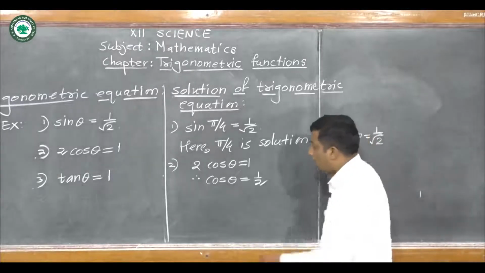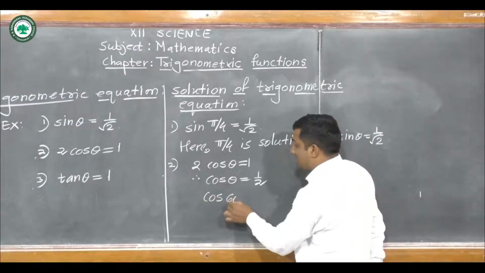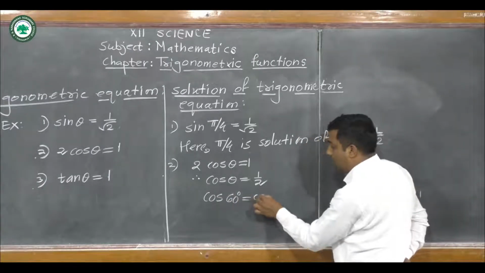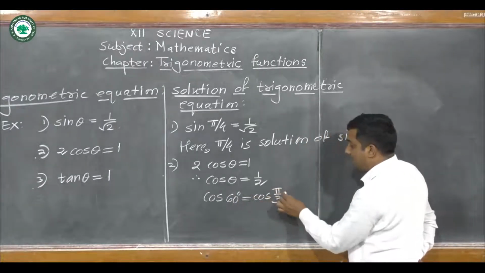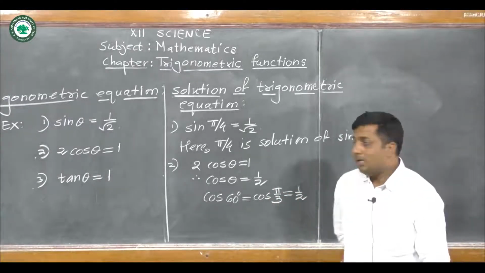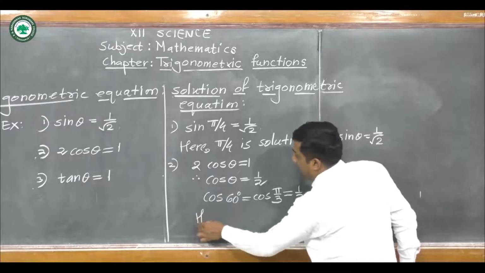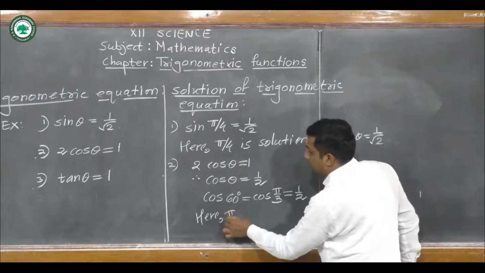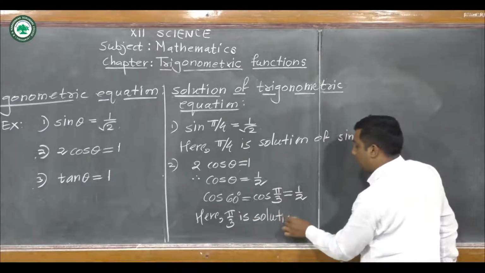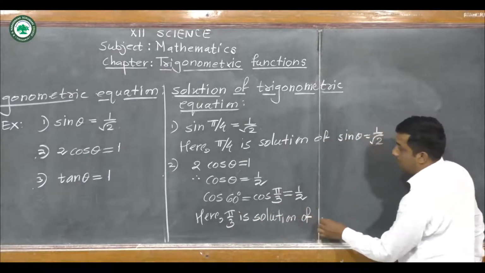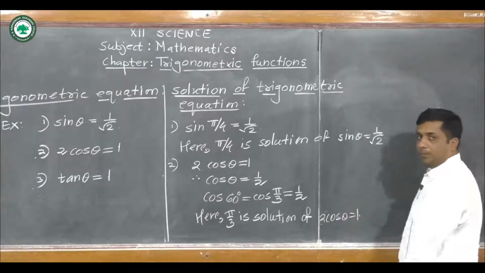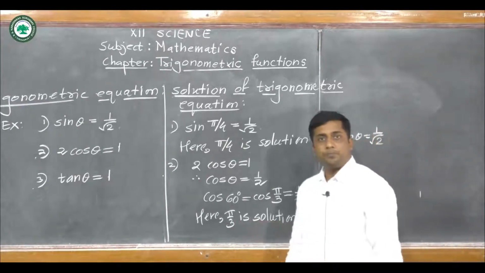Everyone knows cos of 60 degrees, that is cos of pi by 3, is equal to 1 upon 2. So pi by 3 is a solution of 2 cos theta is equal to 1. This is one of the solutions.